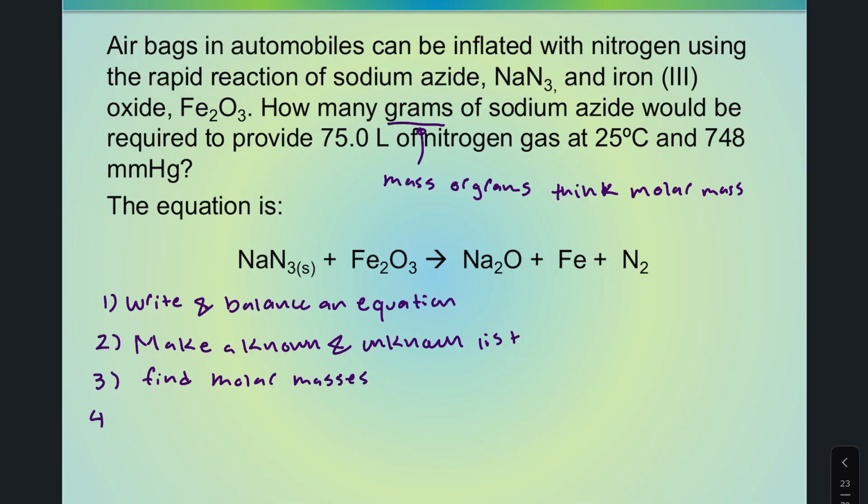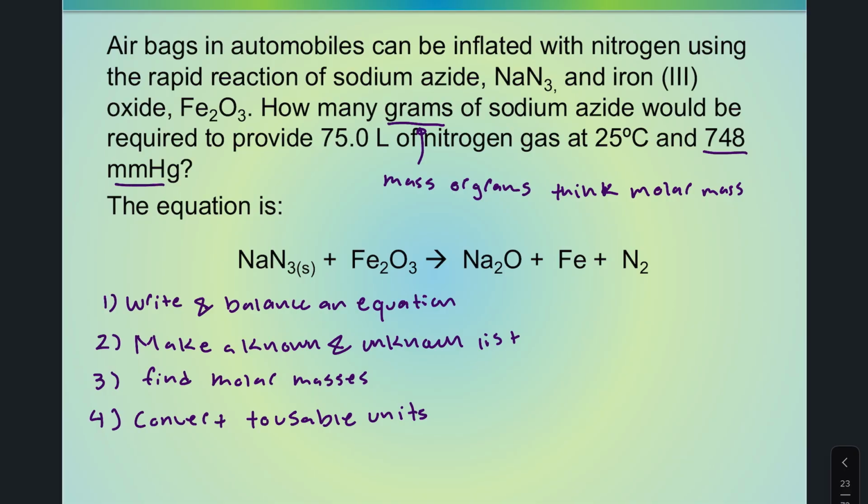All right. Then, for four, what you're going to want to do is convert to usable units. So, for example, we have 748 millimeters of mercury.